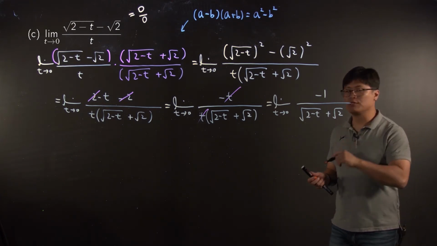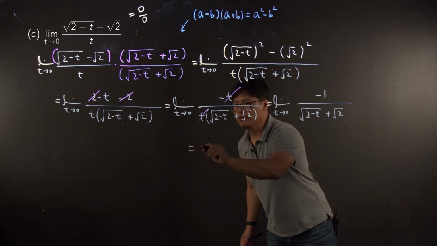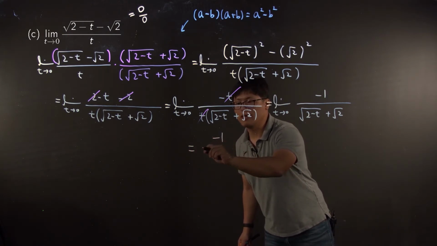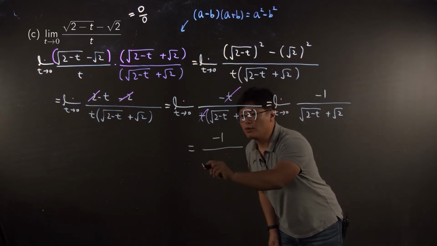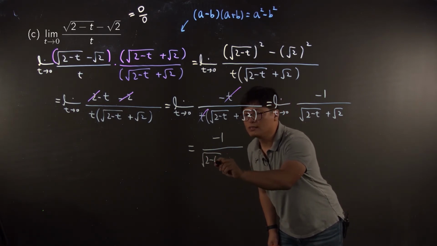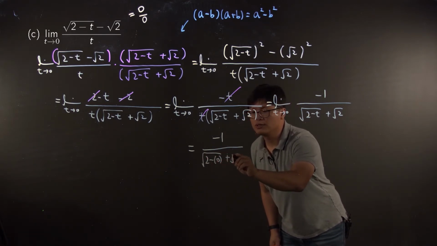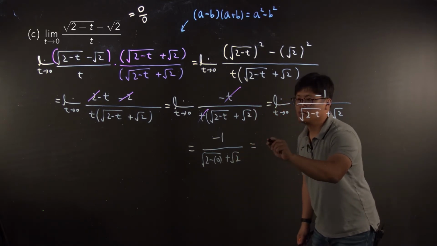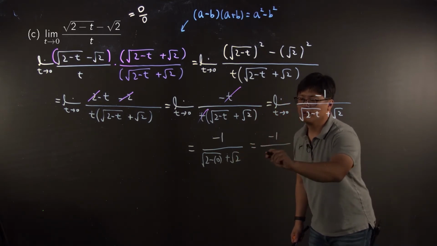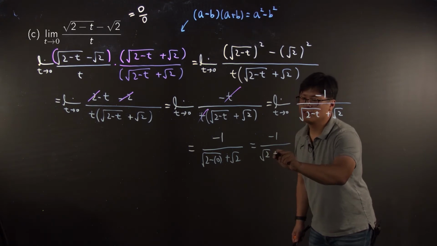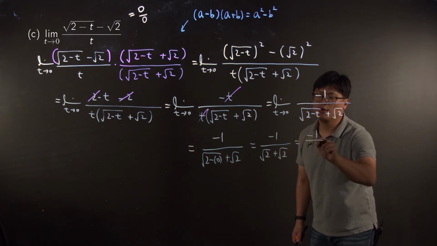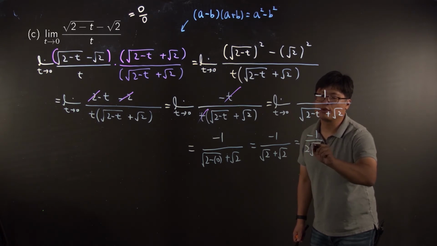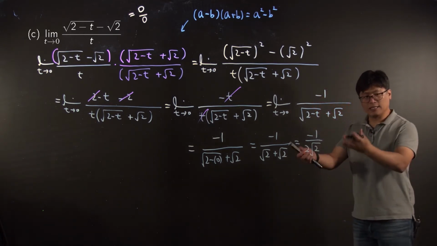Just plug in t equals 0, and that is equal to, now we don't have to write the limit again because I used the limit by plugging in. So it is negative 1 over square root of 2 minus 0 plus square root of 2, which is negative 1 over 2 square root of 2. That's it.